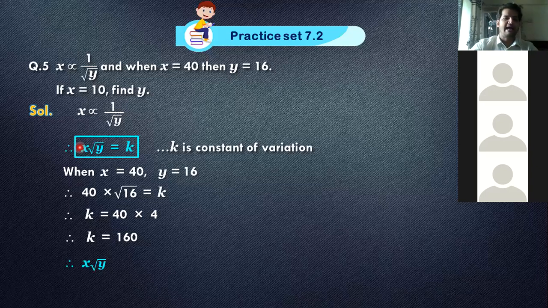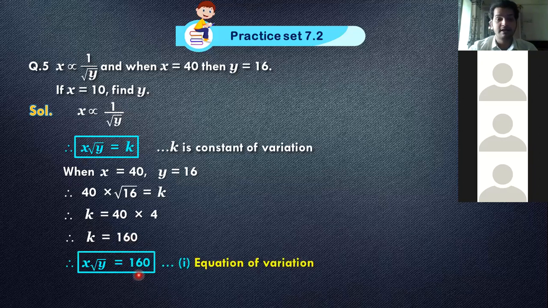So look at this pointer first of all. X square root of y is equals to k. So what is the value of k we have found? 160. अच्छा, ये क्या आ गया आपका equation of variation.